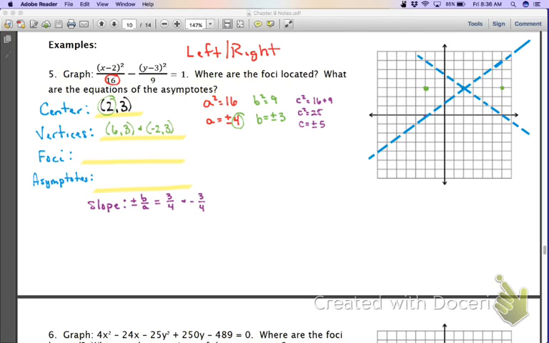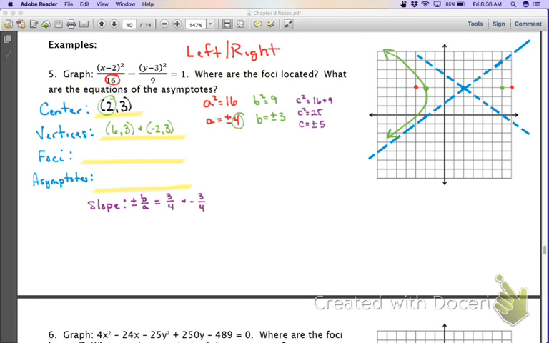My foci then is just going to go in 5 places. So my foci is going to be here, and my foci is going to be there. Now, as far as how I graph this thing, it's not going to be perfect, and that's okay. It's really just going to look something like this.